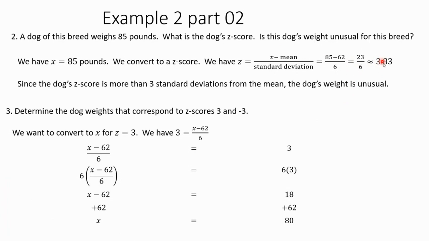But now in number 3, we want to find the data values, the dog's weights, that correspond to z-scores of 3 and -3.